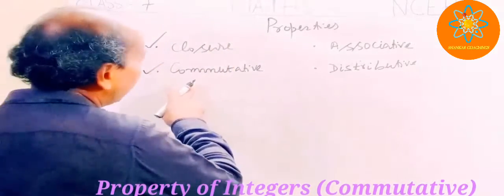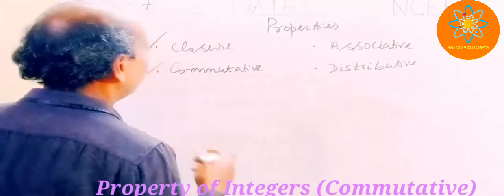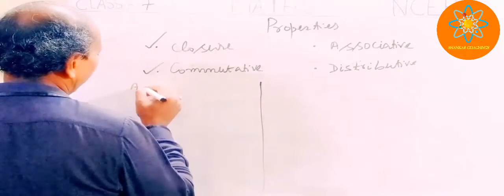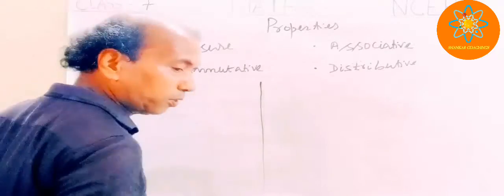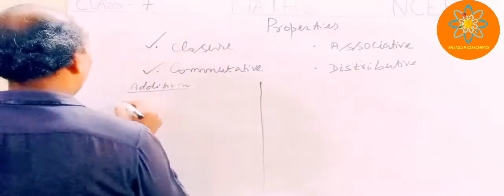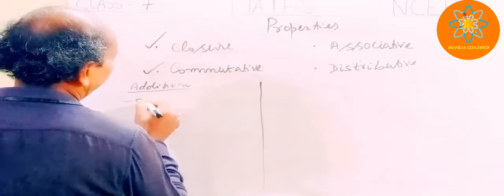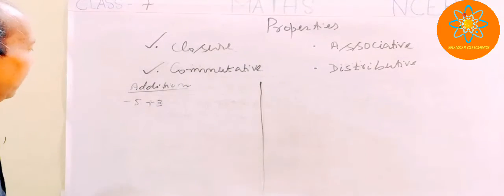We discuss these commutative properties again for addition, for multiplication, then for subtraction, and then for division. So I will start with addition. Suppose there are two numbers, -5 and +3.